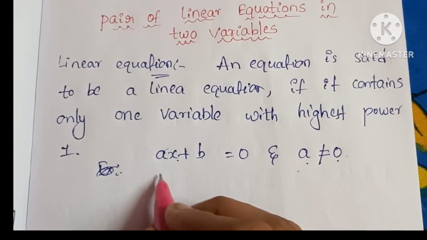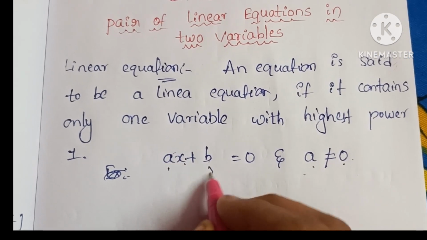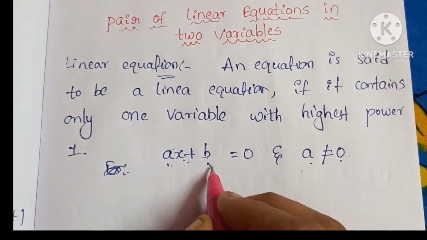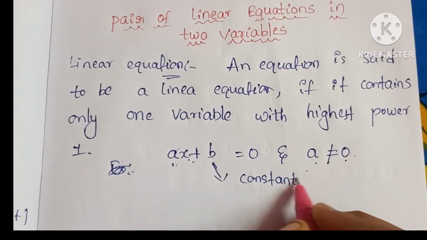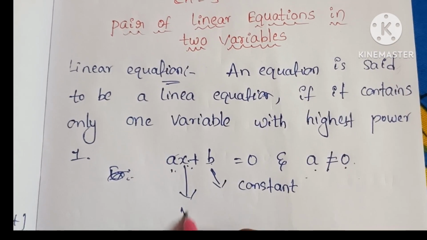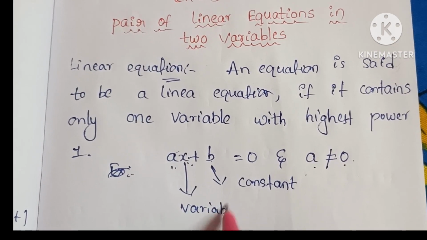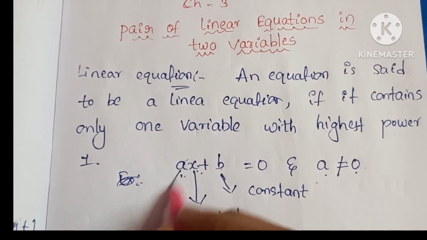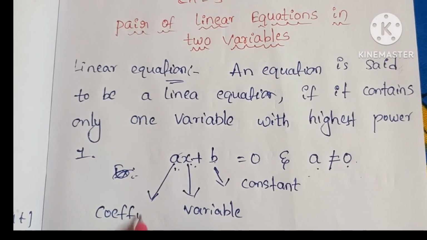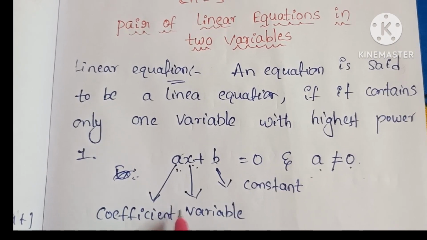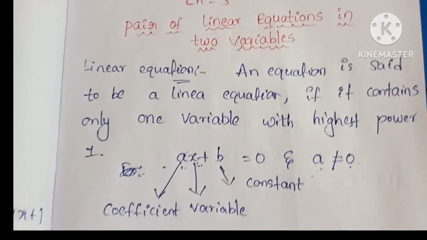Here, what is your a? What is your b? What is your x? Here b is the constant, x is the variable, and a is the coefficient of x.